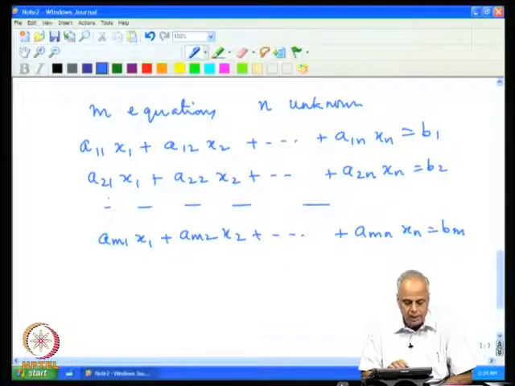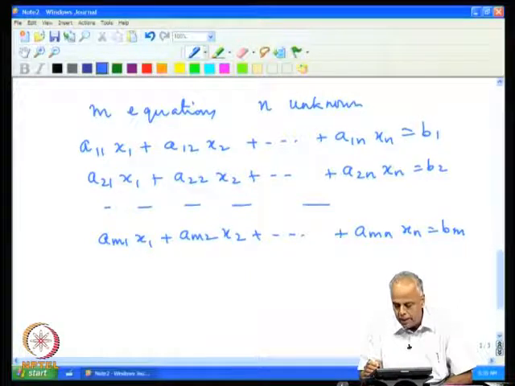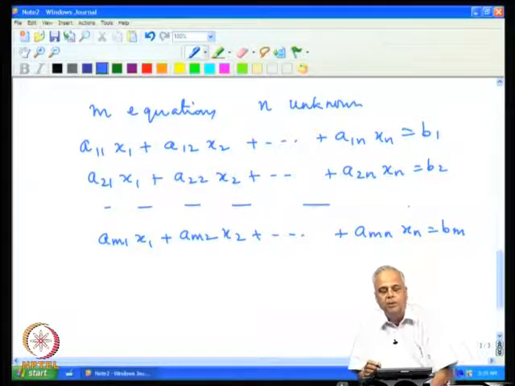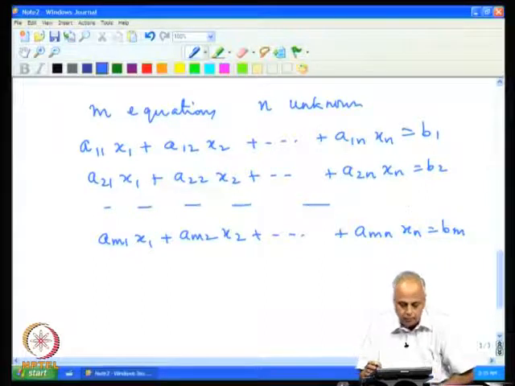The second index refers to which unknown they are referring to. a11 x1 means it is the coefficient of the first unknown, a22 x2 means it is the coefficient of the second unknown, amn xn means it is the coefficient of the nth unknown. Such a system is what we will be considering in general.